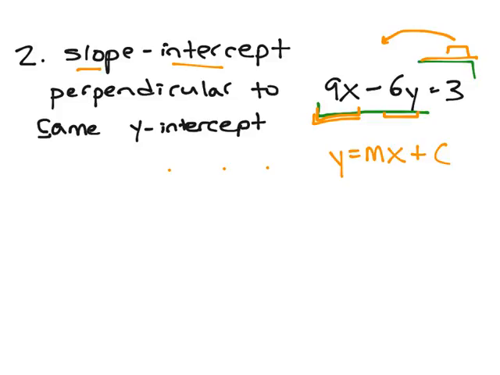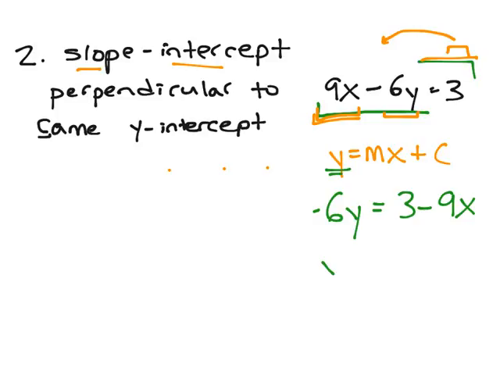Okay, to do this, the easiest way would be to move the x value. So we subtract 9x from both sides, and we get -6y is equal to 3 minus 9x. And we see that we also want y to be by itself, not multiplied by anything.